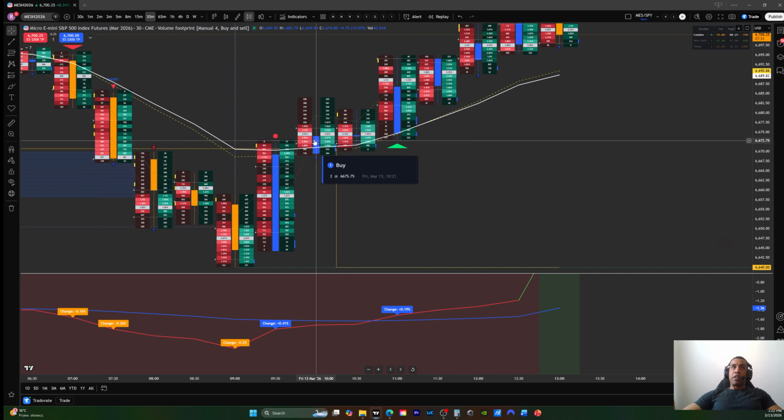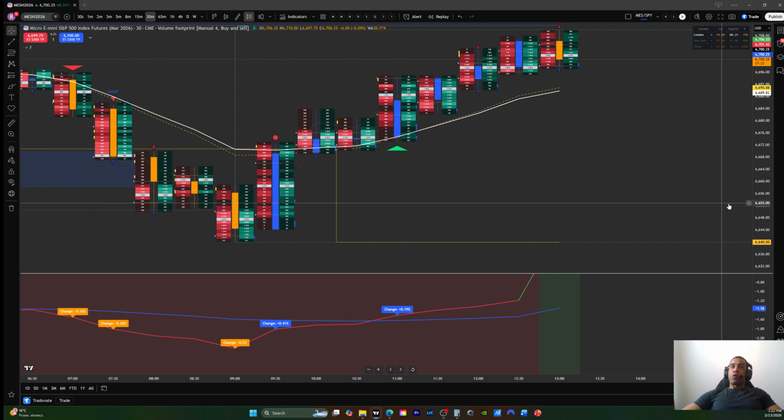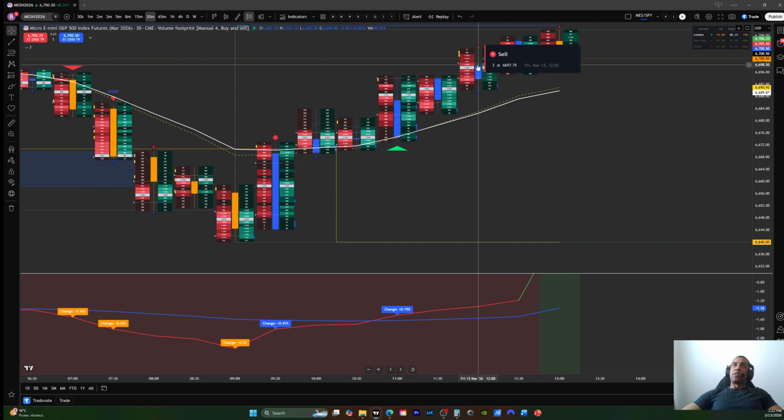I was waiting for a pullback, but it didn't happen. So I entered over here with 2 contracts, and I was going to add 1 more on a pullback, but I entered that 1 more contract on a different account, not on my lead account, and it didn't reflect over here. So I ended up closing this trade somewhere over here. Yeah, that was it.